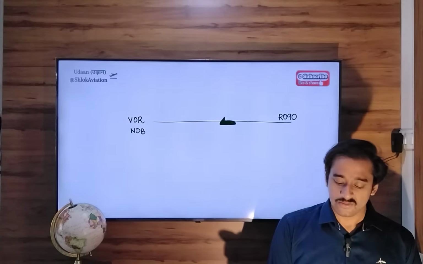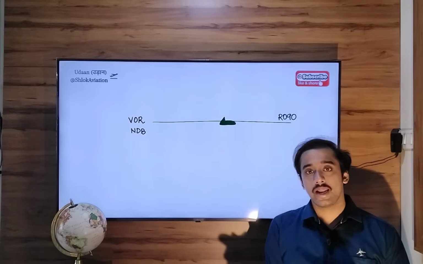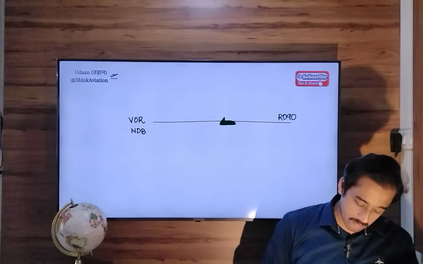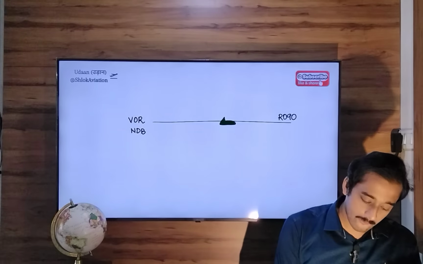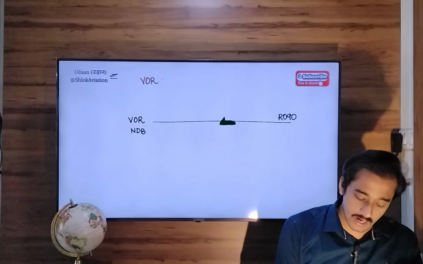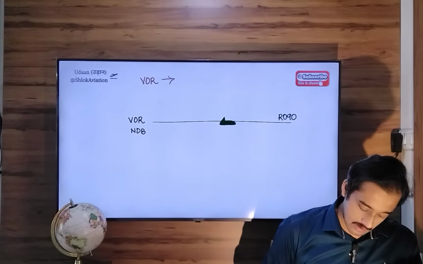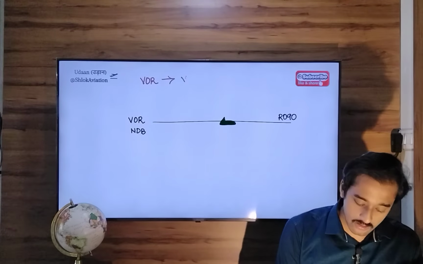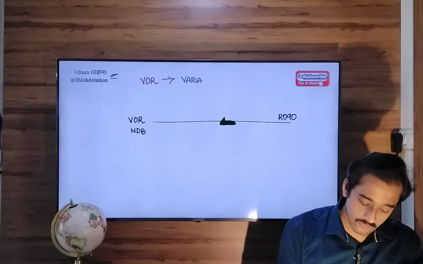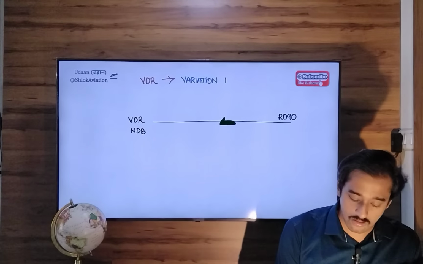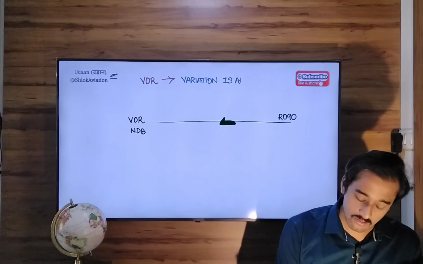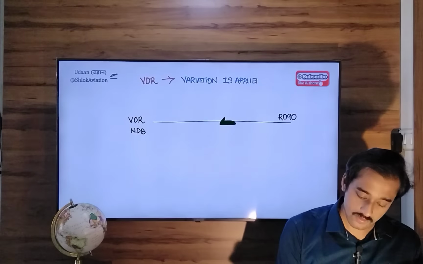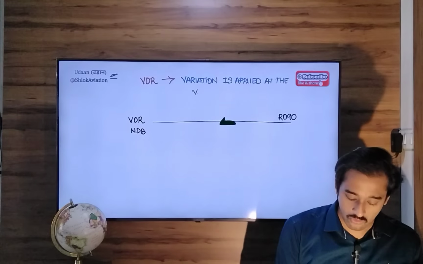Now, whenever we are dealing with VOR and NDB questions, we have to remember that in case of VOR, the variation is applied at the VOR station.